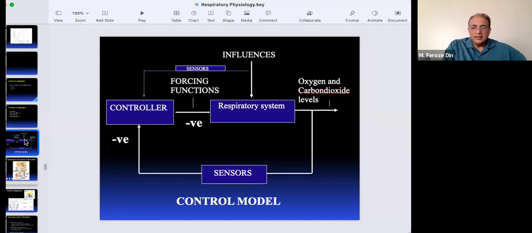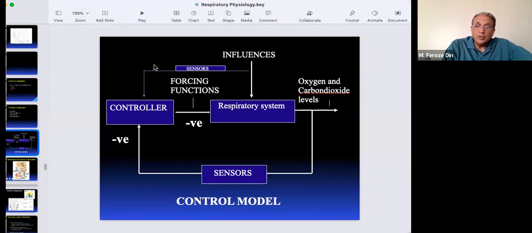Now, this diagram you will remember from your first years. This kind of diagram is our control model, which is very important for us to understand. This is our classical feedback loop, where the respiratory system is the system being controlled, and the controlled variables are oxygen and carbon dioxide levels in the arteries, and as I mentioned, pH, which we will cover in due course. There are controllers which can affect the respiratory system, leading to different levels of oxygen and carbon dioxide, which can then be detected by sensors, which give that information back to the controller.